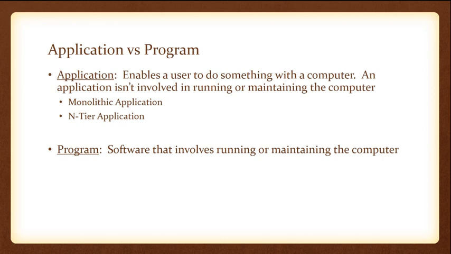It is more beneficial than monolithic because you can access this application from any device and any computer as opposed to the one that it's stored on, which is what a monolithic would be. There are different tiers for an n-tier application, but again, it uses the internet, whereas a monolithic does not.